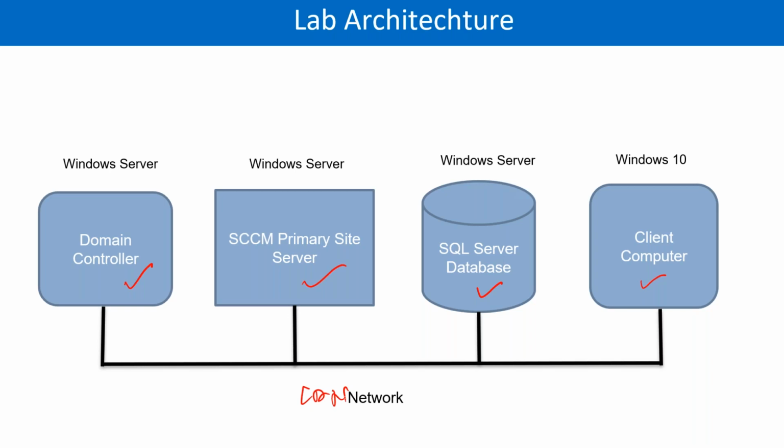So that will be our lab architecture. We will have DNS here. Okay, we will have DHCP here. Okay, and then we will install multiple roles here. We will have a SQL server here, and we'll do the deployment of applications, patches, and operating systems on this Windows 10. We'll be using this one for deployment purposes.